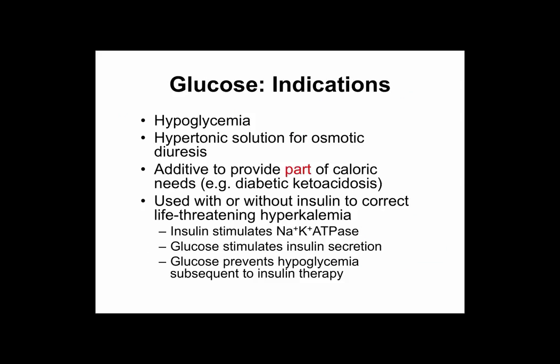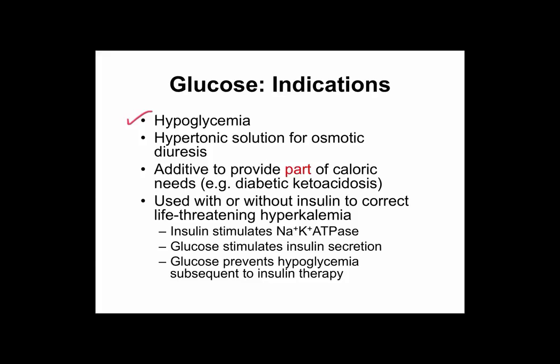Another common additive you might make to a solution for fluid replacement would be glucose, dextrose. The obvious indication for this would be hypoglycemia. You might want to use dextrose in order to cause a diuresis. You might use a very high concentration of dextrose, even as much as 30%, to cause osmotic diuresis.